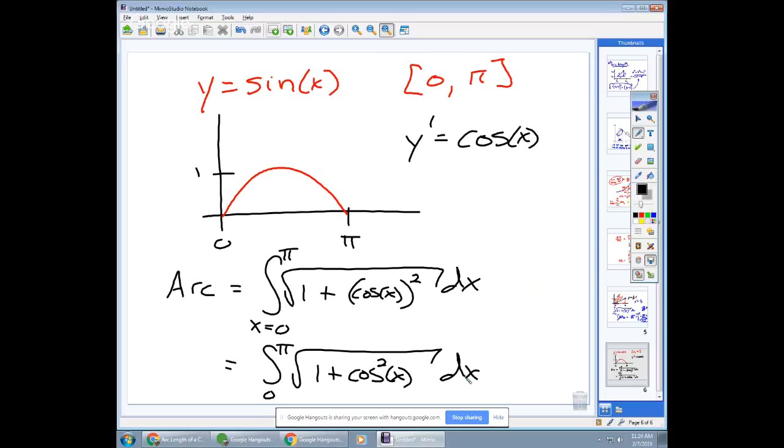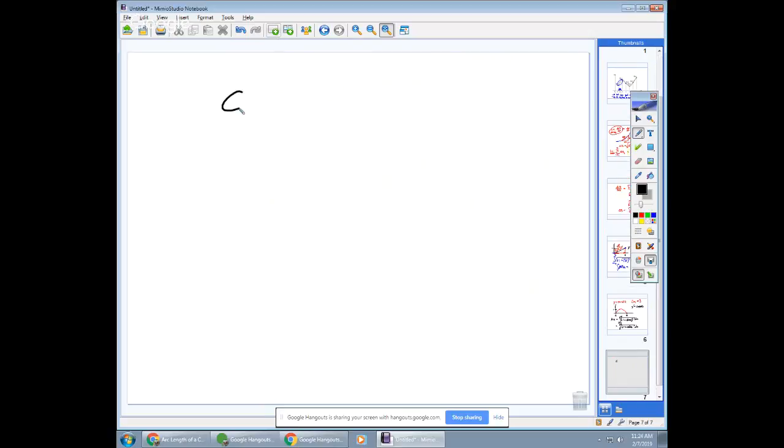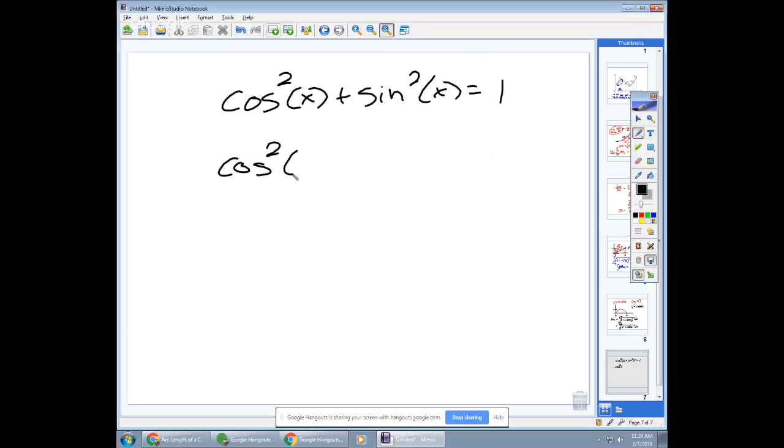I mean, we could try, and this is a good idea. We know cosine squared plus sine squared is equal to 1, so cosine squared is equal to 1 minus the sine squared.